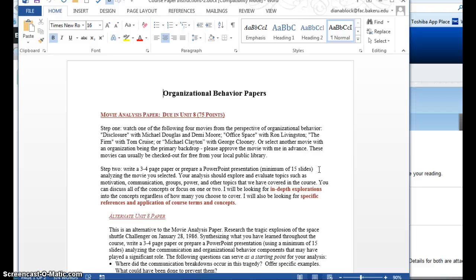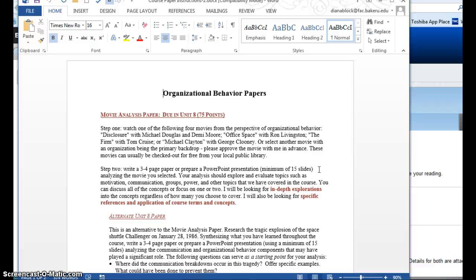Again, not including any introductory page. If you have a cover page, that will not be included as your 3 to 4 pages. You need 3 full pages of content on your topic. You need a minimum of 15 slides on your topic. Content only. Cover pages, placeholder pages, picture pages do not count as content.